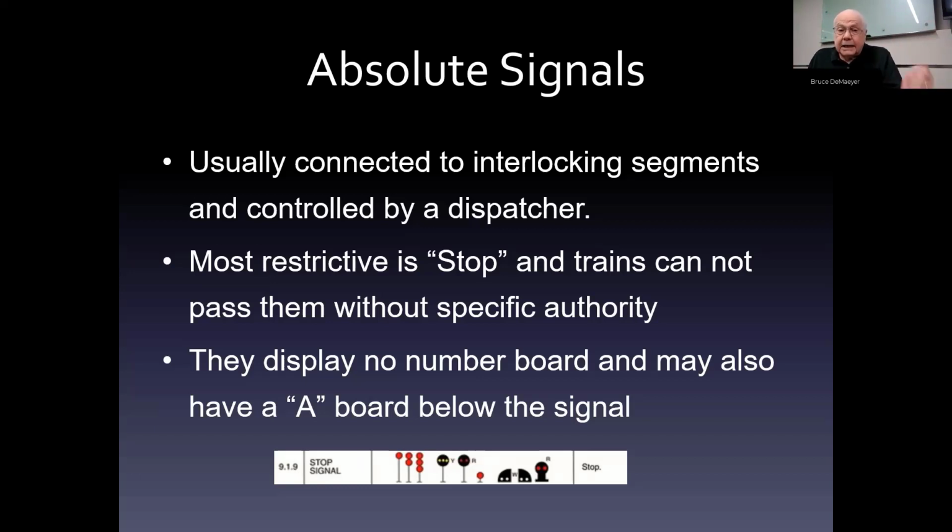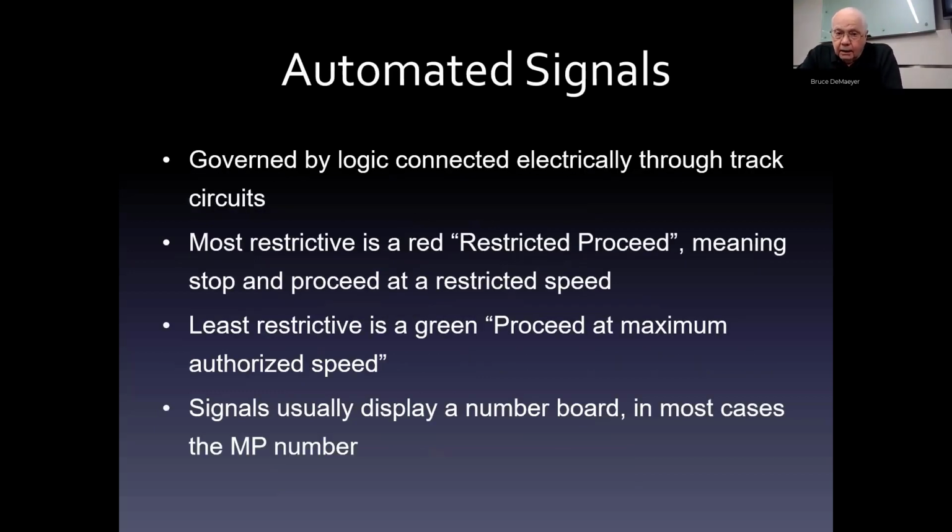It means do something special. But an absolute stop is usually controlled because there's an A or something like that on the signal mast that tells you this is an absolute stop. And for interlocking, and you'll see that later, it's a very important element. The automatic signaling, the best example I can give of this is what Russ is doing on his signaling in his layout. It's absolutely amazing.